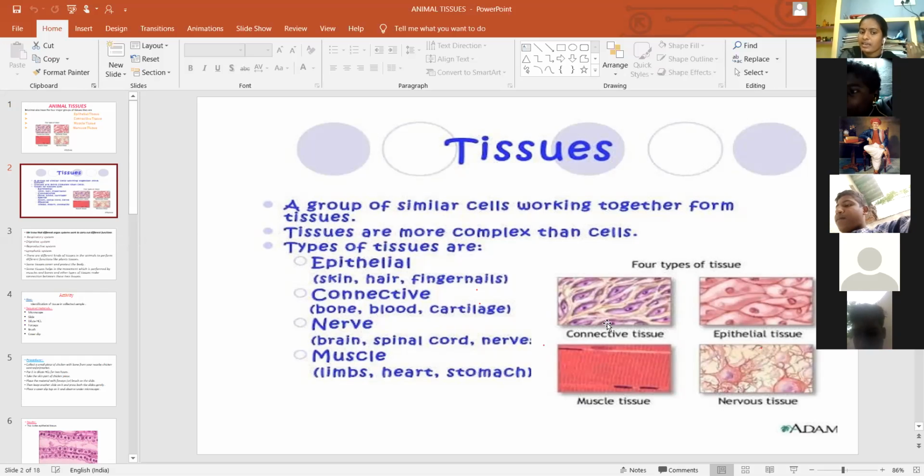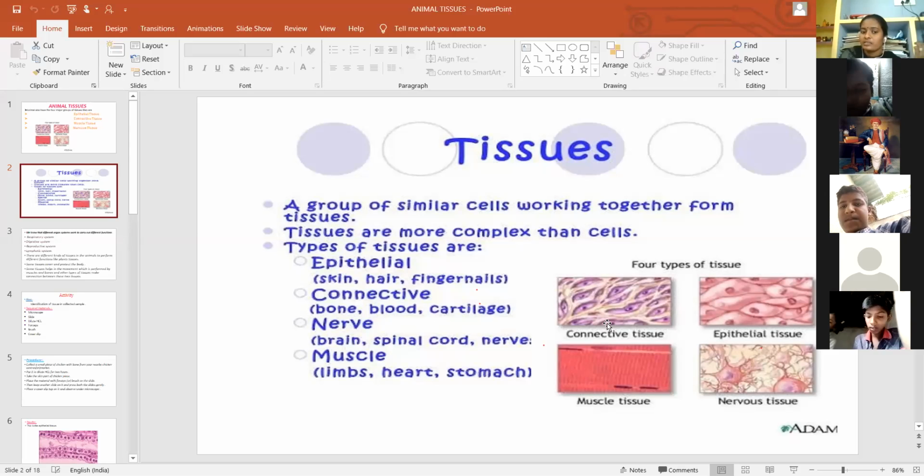And the connective tissue is present in bone, blood, and cartilage.